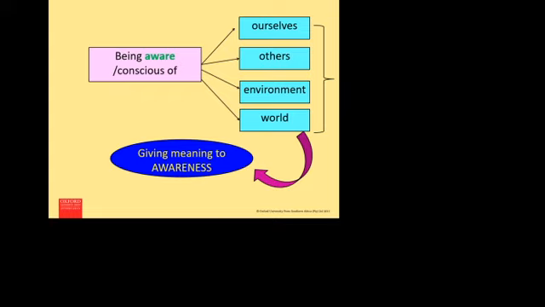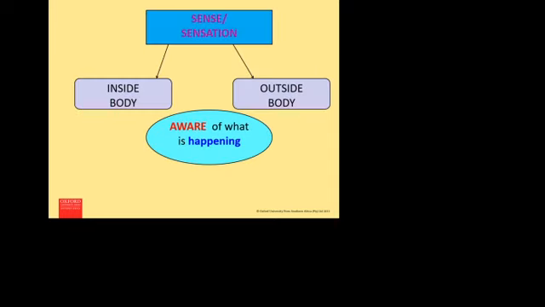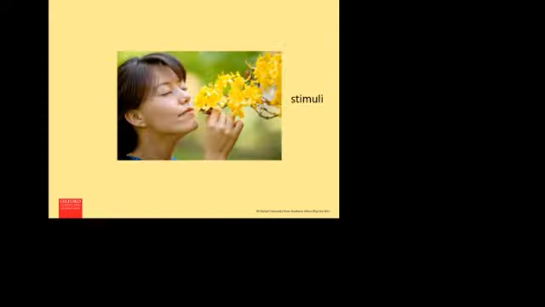Perception is being aware or conscious of ourselves, others, the environment, and the world, and this gives meaning to the awareness. Sensation consists of the senses. We need senses in order to understand what is outside and what is inside our body, so that we can be aware of what is happening outside or inside.